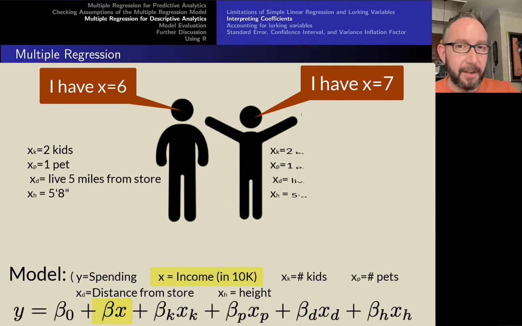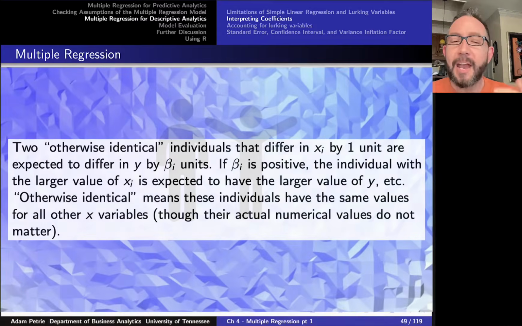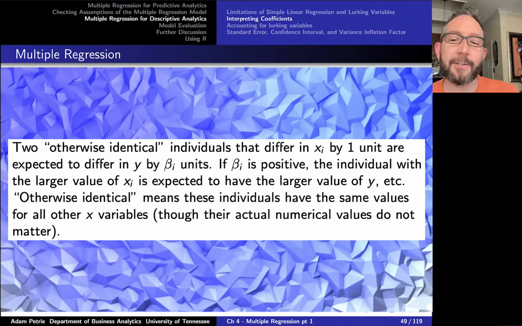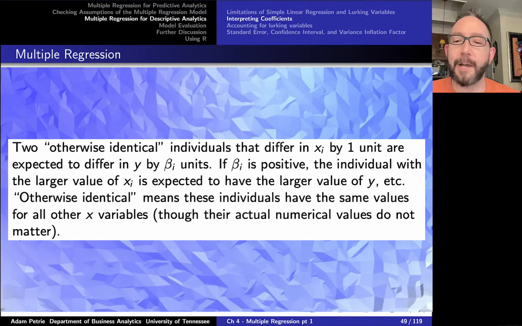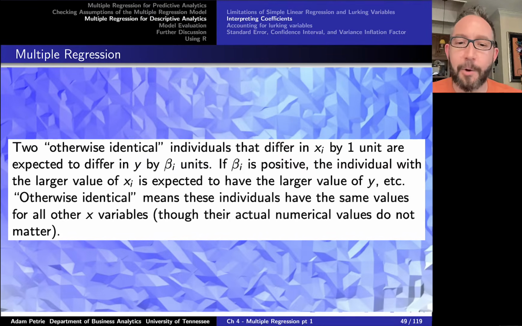Meaning that all of the other predictors we put in the model, those two individuals have identical values for all those other predictors. The only thing they differ in is x, and they differ in x by 1 unit. So when we interpret this coefficient, we envision these two individuals, and we say that two otherwise identical individuals that differ in x by 1 unit are expected to differ in y by whatever that coefficient was.